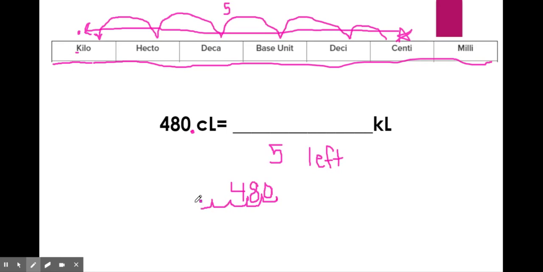And I like to make the last decimal larger than the first so that I can see where I moved it to. Next, we're going to add in zeros for placeholders. And let's rewrite our number. We have decimal 0, 0, 4, 8, 0. And we're going to put a 0 in front of our decimal.